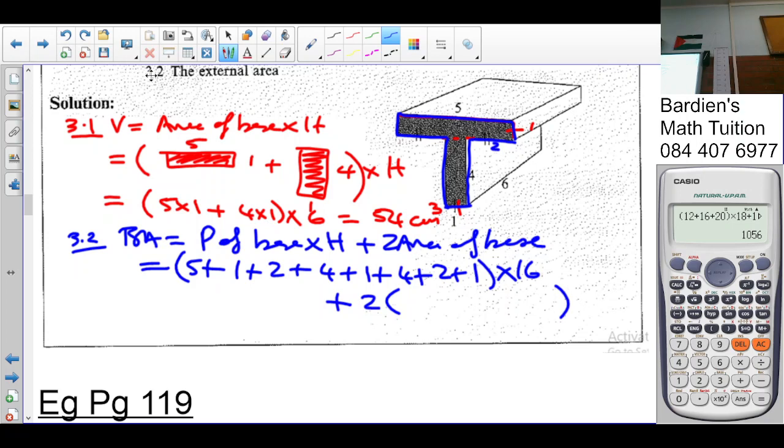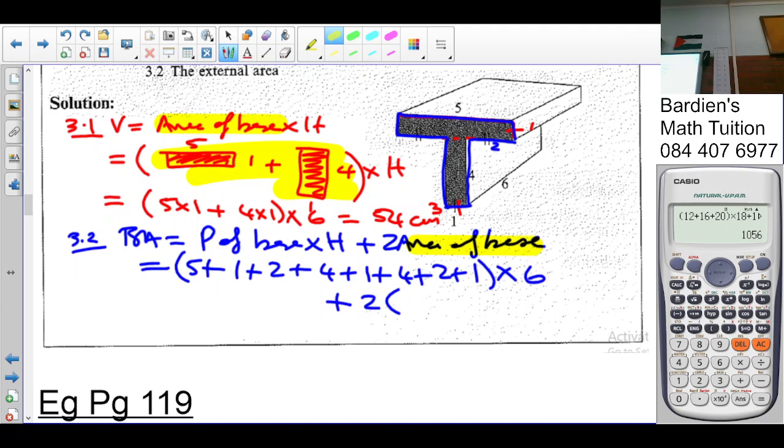Now the area of this base I already worked out, not so?